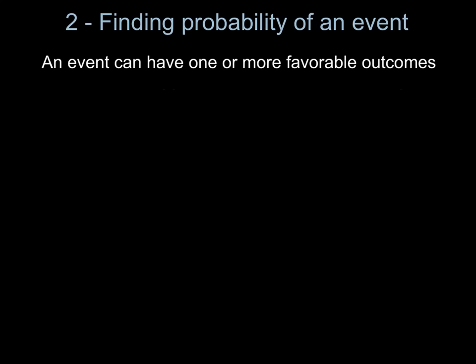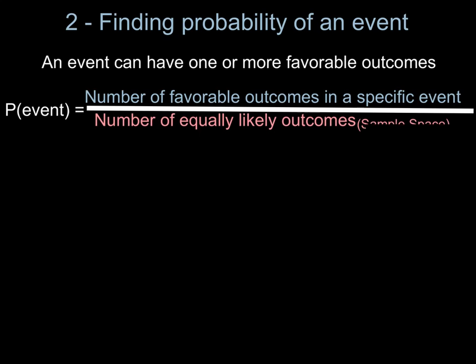How you can find the probability of an event is you take the number of favorable outcomes of a specific event, like flipping tails on a coin, and you divide it by the number of equally likely outcomes. If you remember in our previous video, this is the same as finding the sample space. So how many different outcomes are there in the whole entire sample space? We're going to compare that to just the favorable outcomes of the event.